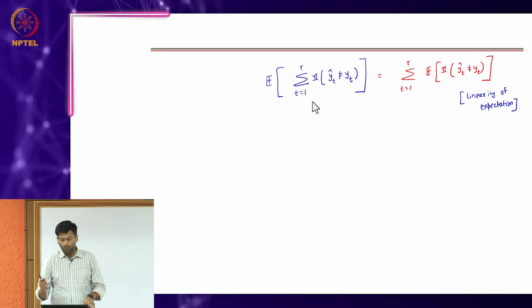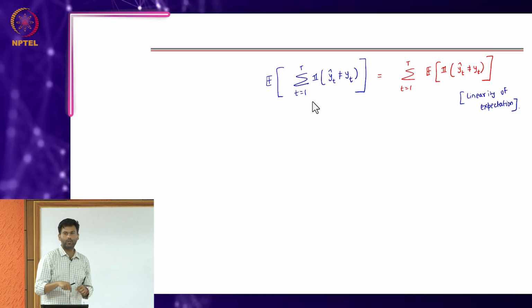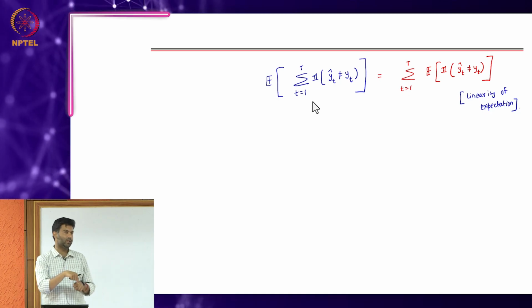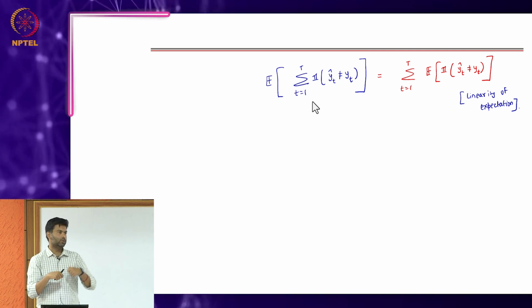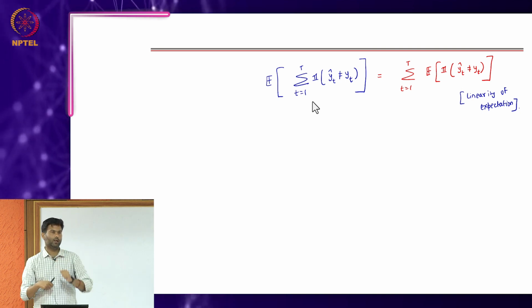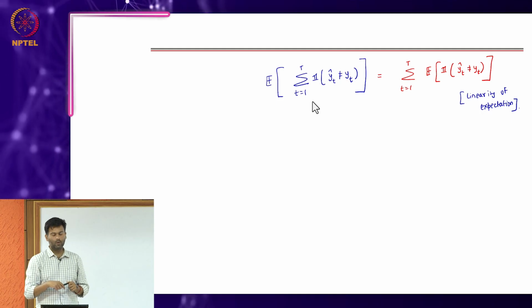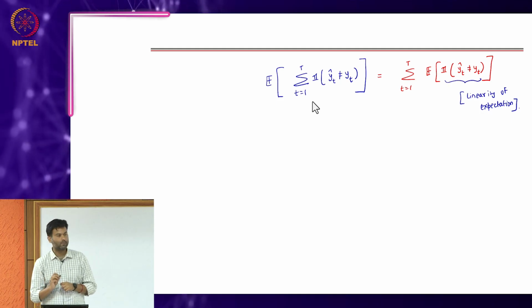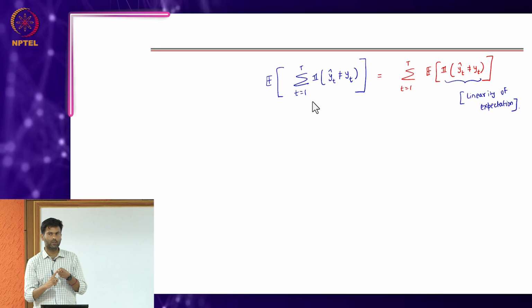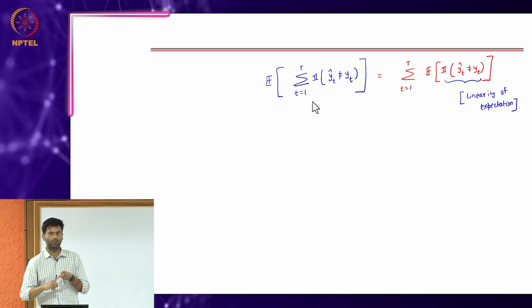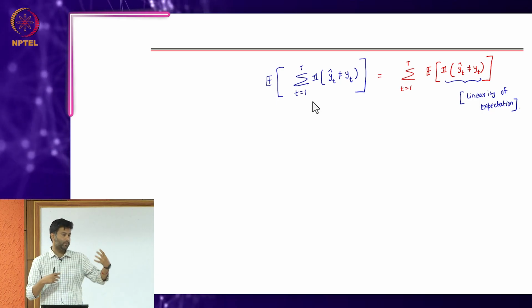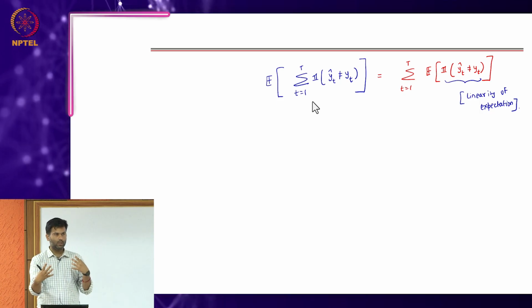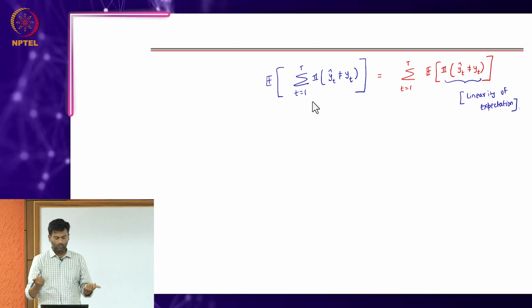Fine. So now what random variable am I taking the expectation over in the tth round? It's the indicator whether I made a mistake or not. So what is the expected value of an indicator random variable? Well, what values can this take? I either make a mistake or I don't. Make a mistake, it's 1, otherwise it's 0. So the expected value of an indicator random variable is just its probability.